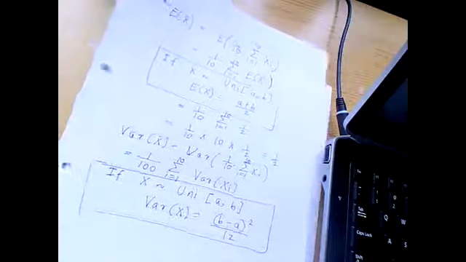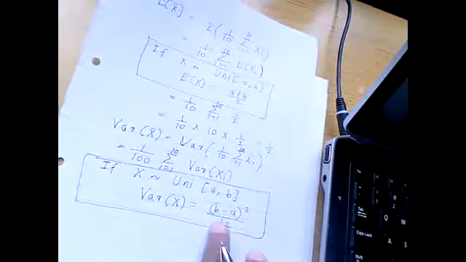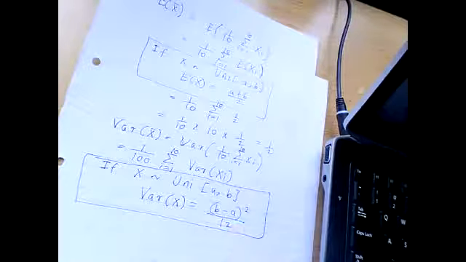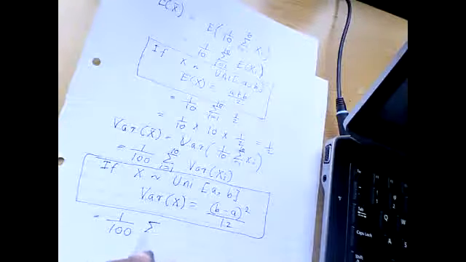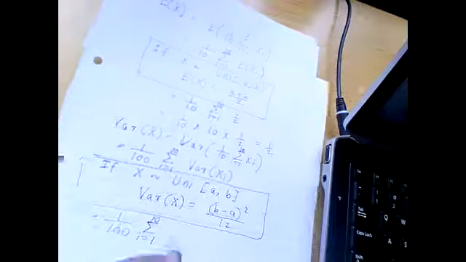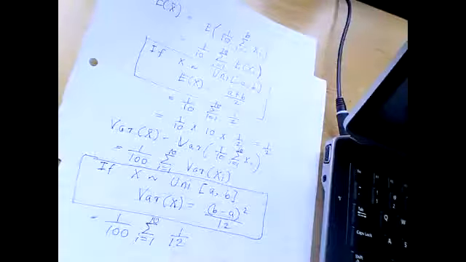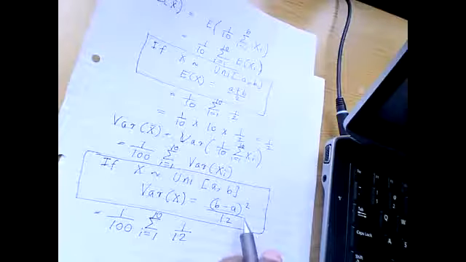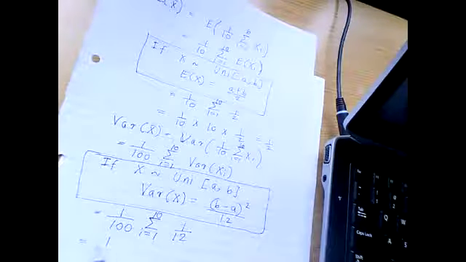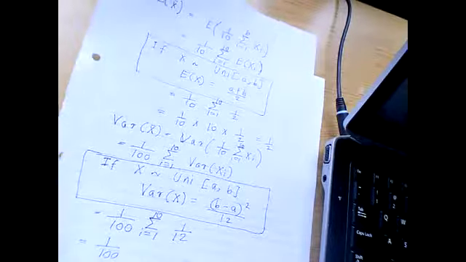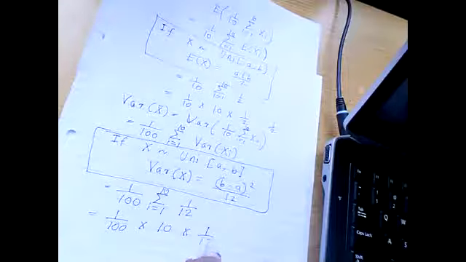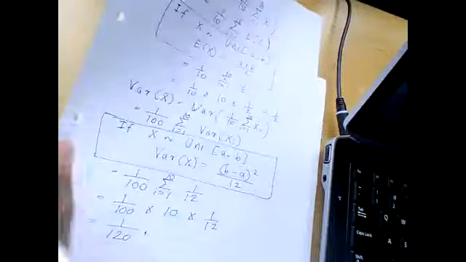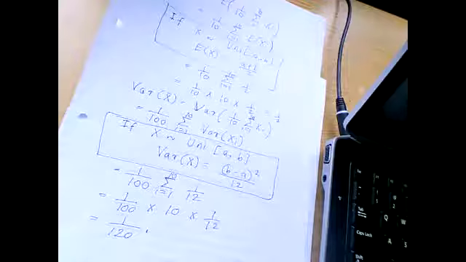Do you guys remember this? Your B is 1 here, A is 0. So if you put that, you get 1 over 100 times 1 over 12, with B equal to 1 and A equal to 0. So this will simplify to this, and this will become this.